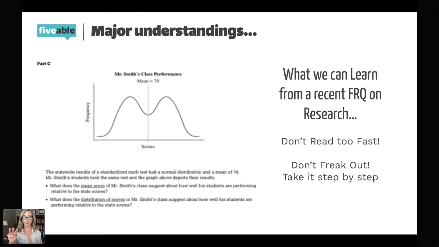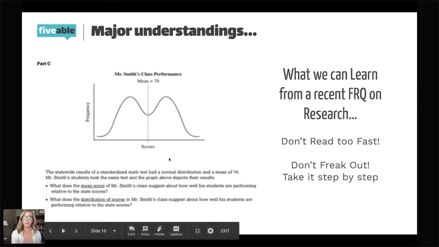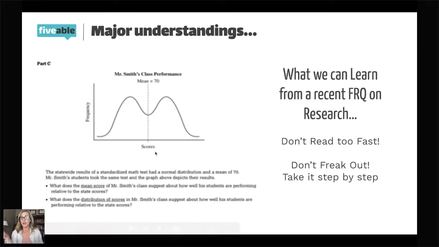Which one of the 3 is most impacted by outliers, meaning kids who do really well on a test and kids who do really poorly on a test? The answer is mean. And that's what this graph shows us, because their average, Mr. Smith's class mean or average, is the same as the state's, but the data does not look the same, right? So what this means is it's most impacted by outlying data and therefore is less of a holistic picture of the data. Okay, the mean is less of a holistic picture of the data.